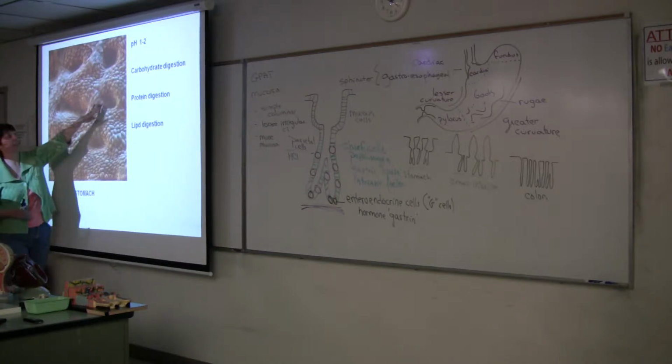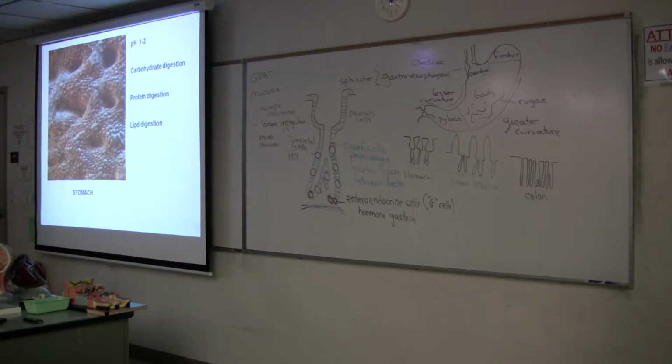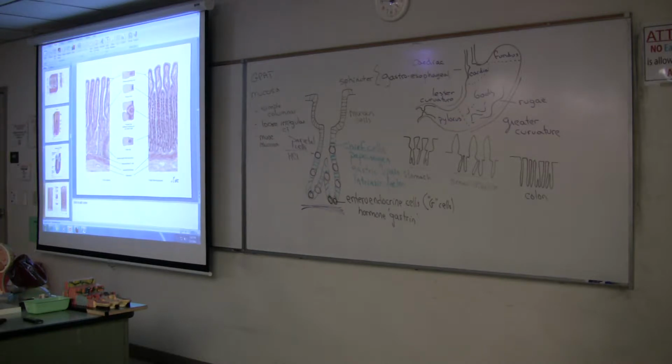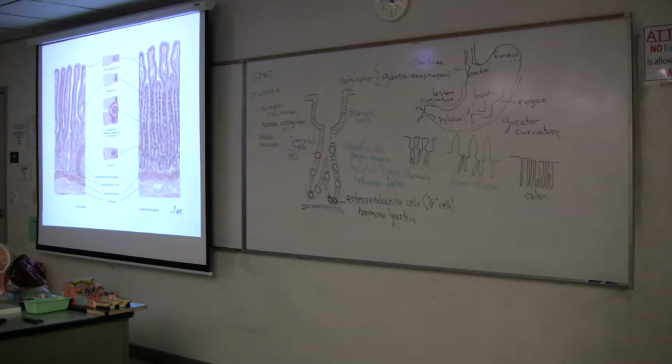These would be the openings of the gastric pits. So that's what's coated by all of that mucus. The gastric pits are the white space at the top of the gastric gland where it says mucus cells. So this would be the gastric pit here.